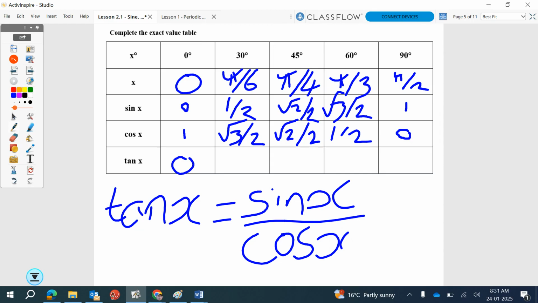We take 1 over root 2 divided by root 3 over root 2. Well, the root 2's will cancel each other out, and we get 1 over root 3. We take the same number and divide it by itself, you'll get 1. If you take root 3 over 2 divided by a half, the 2's cancel out, and you end up with root 3 over 1, which is root 3. The last one, you take 1 divided by 0, it's undefined.